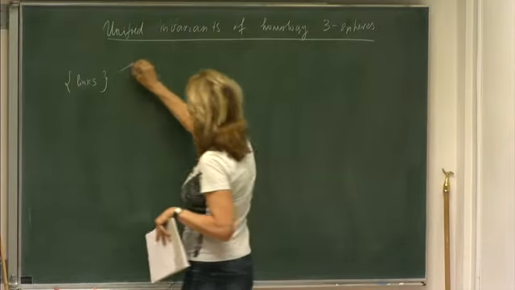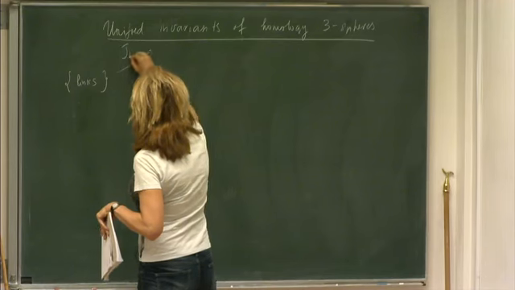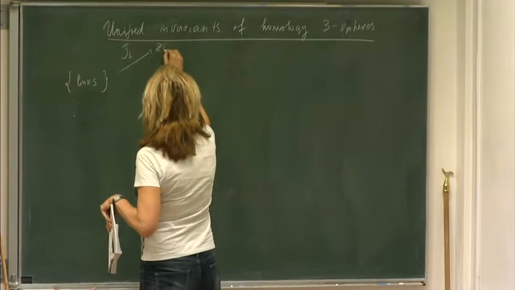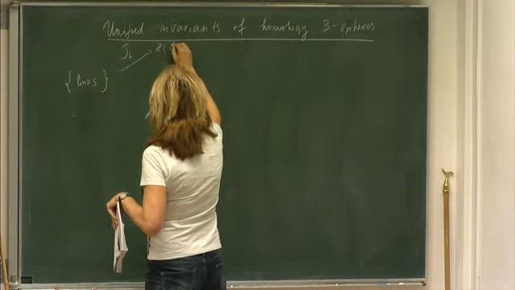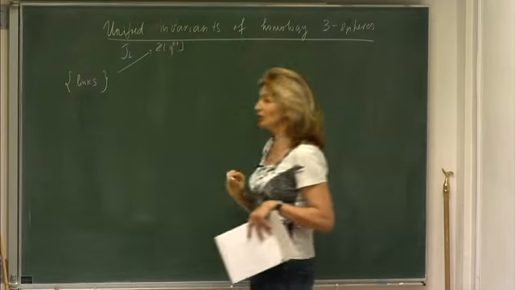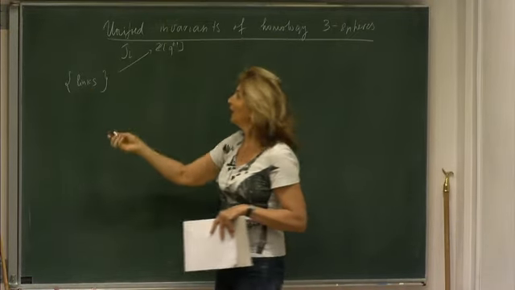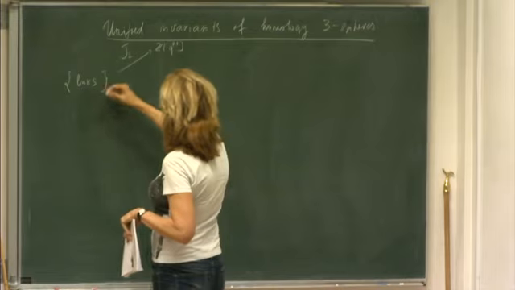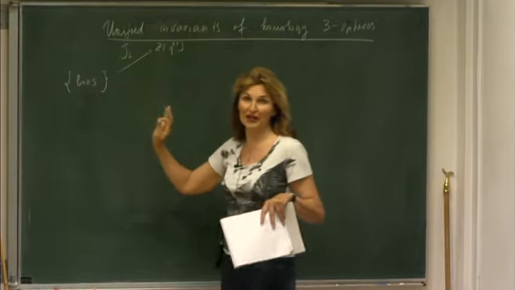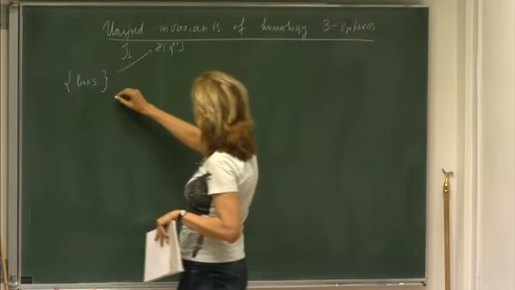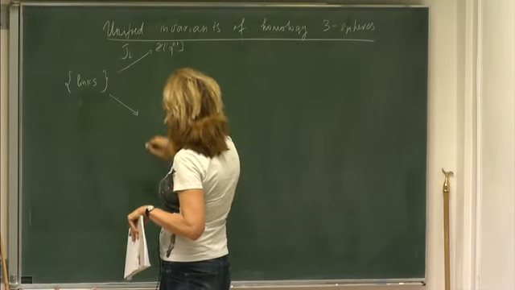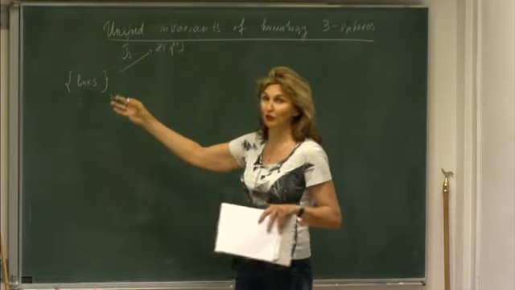And Jones defined an invariant which is a Laurent polynomial in one variable. The links can also be colored and framed by representations of, say, I will state it first in the SL2 setting.